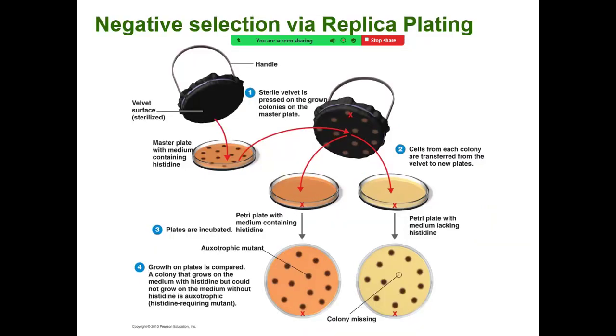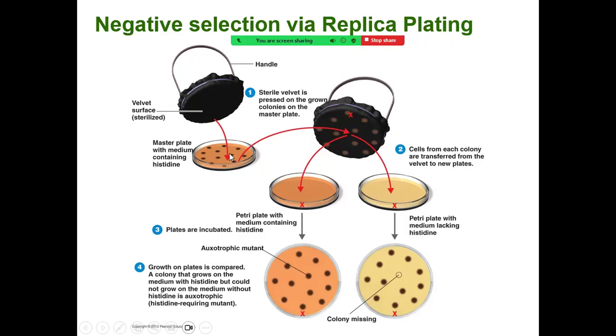You can plate a plate of colonies, and what you do is you have your colonies dispersed, individually separated, and then you get a velvet stamp and you press it into the plate. That means that some of the cells will be transferred onto the stamp.